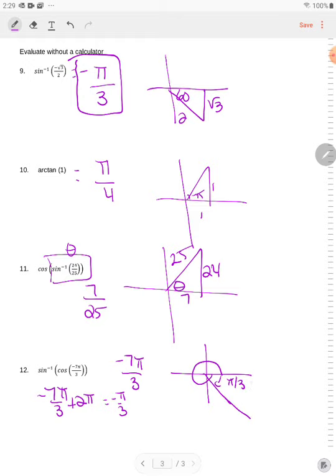So pi over 3 is 60. So again, off your picture, the value of cosine of negative 7 pi over 3 is a ratio. That is 1/2. So sine inverse of 1/2 is equal to 30 degrees, which is pi over 6.